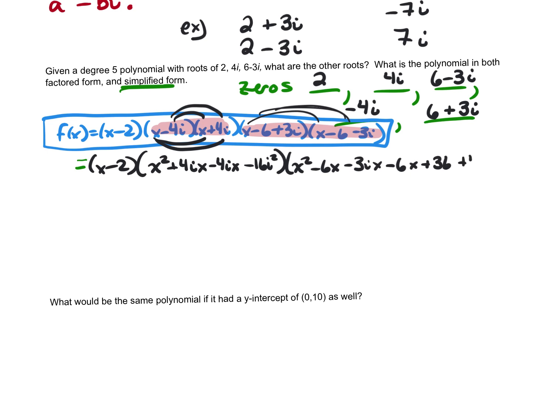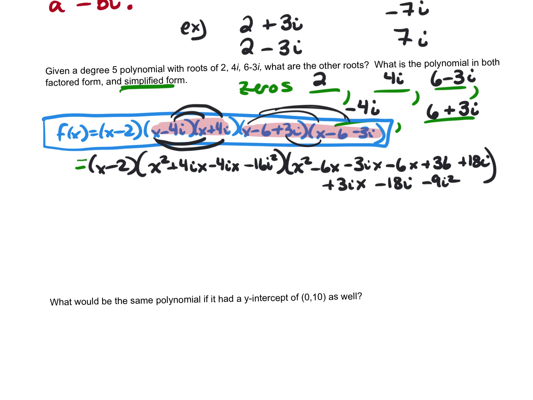And then plus 18i. Again, that's just doing the negative 6 times anything. And then I'll do the 3i. So I get plus 3ix. That's just going here. Minus 18i. And then minus 9i squared.